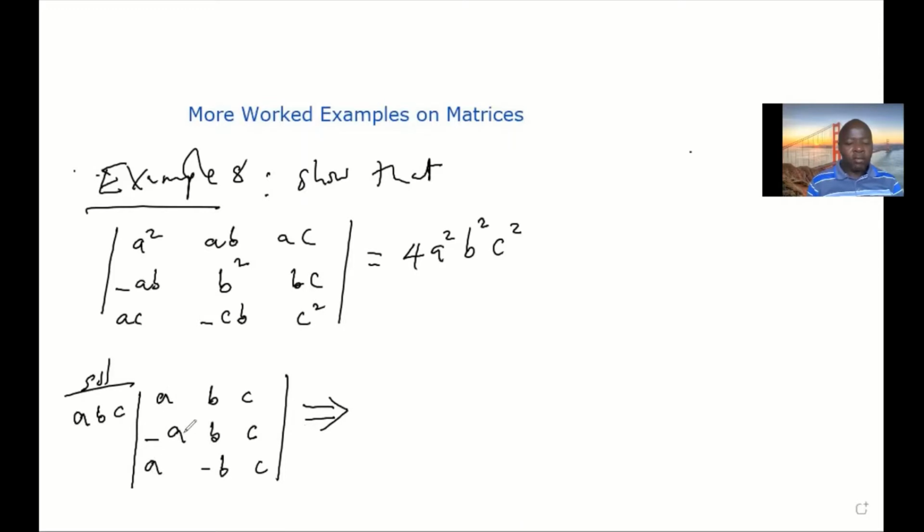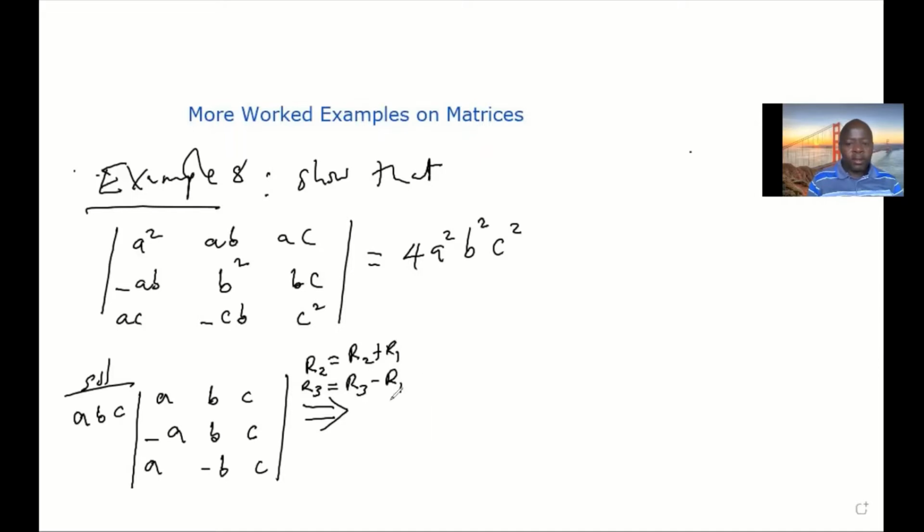I want the second row to be the current second row plus the current row 1. And the third row to be the current third row minus row 1.